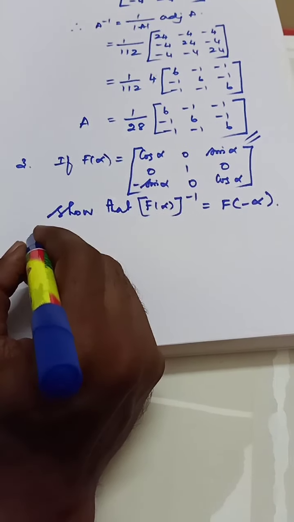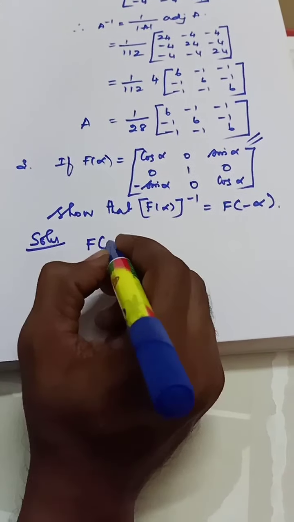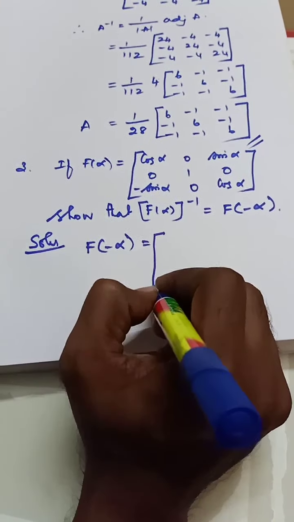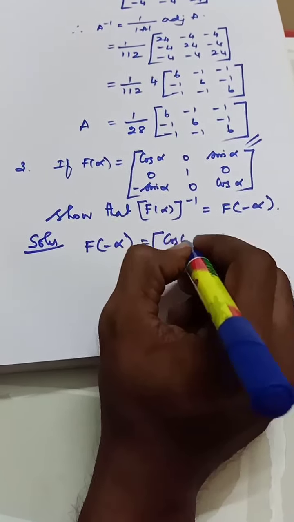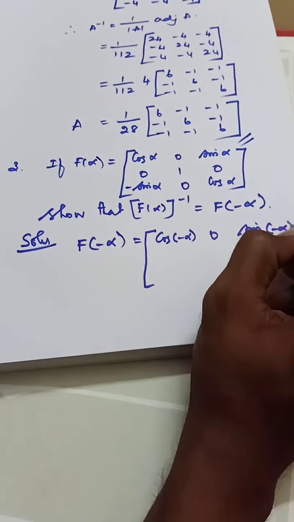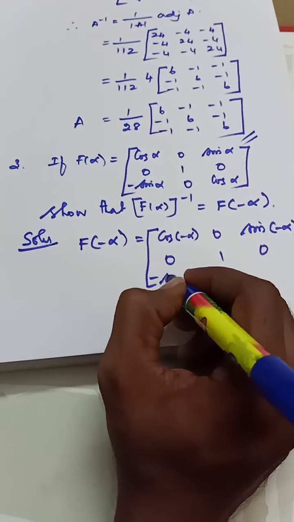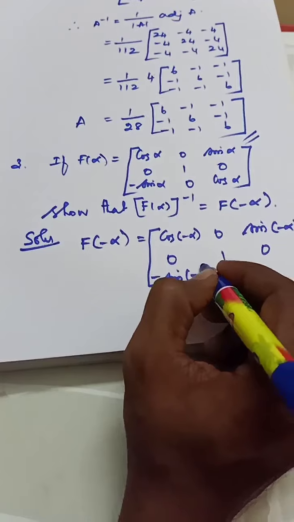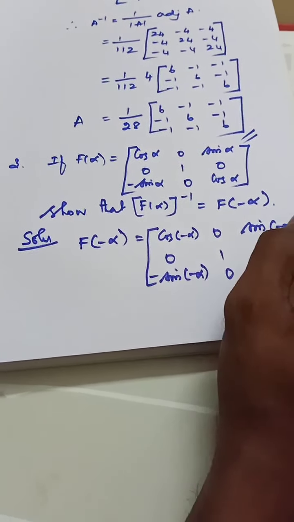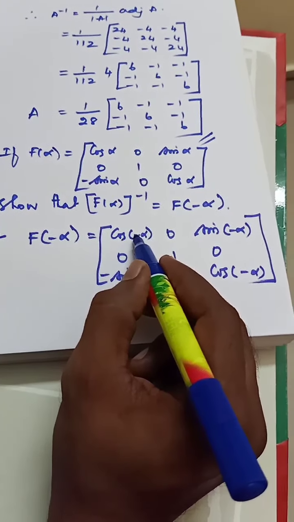So first we will find out f of minus alpha. What you have to do is, wherever alpha appears, replace it by minus alpha. So cos of minus alpha, 0, sin of minus alpha; 0, 1, 0; minus of sin into minus alpha, 0, cos of minus alpha. Cos is an even function, so this minus we can cancel.